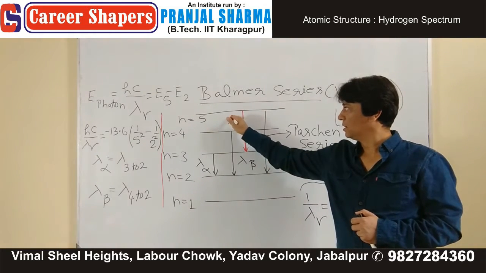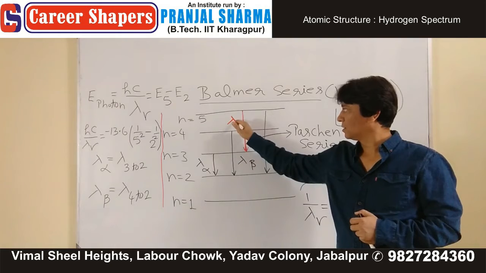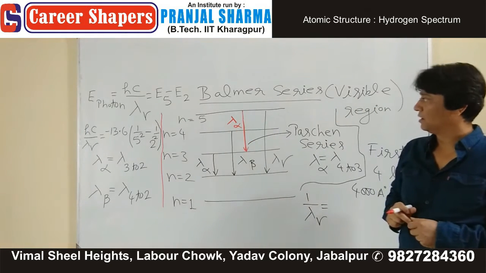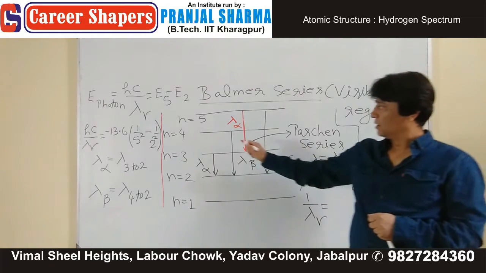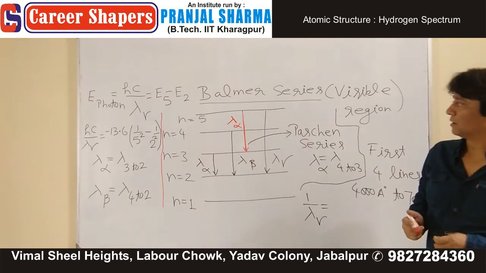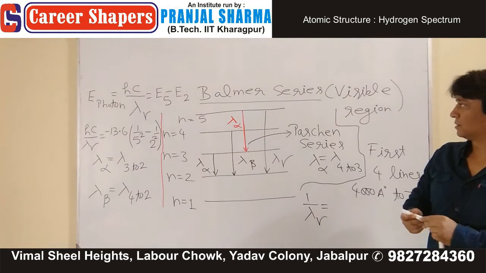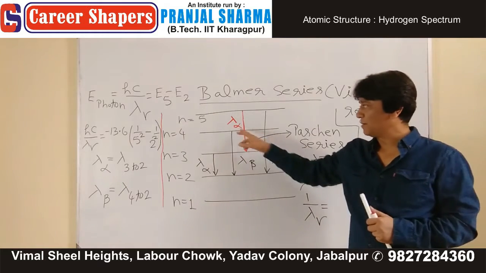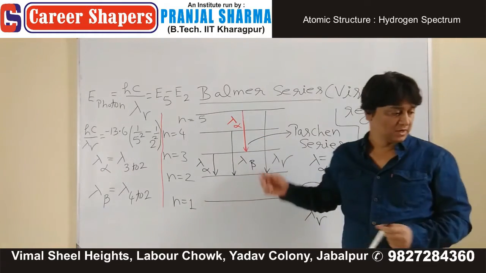In red, you see Paschen series lambda alpha. This is not lambda alpha, my fault. This is lambda beta.